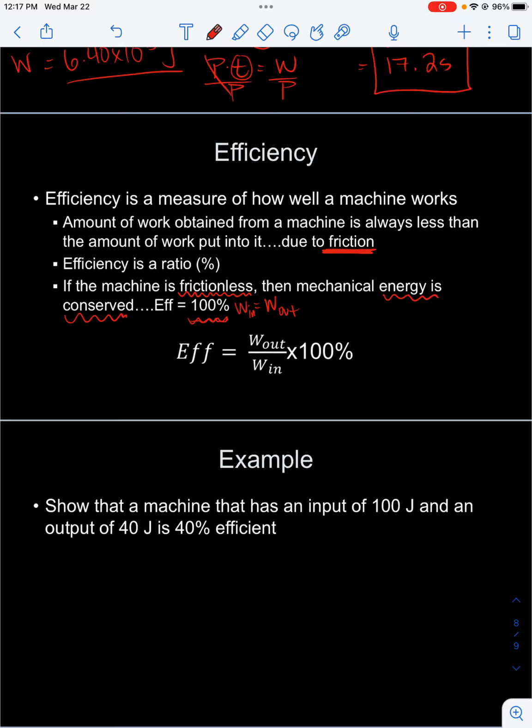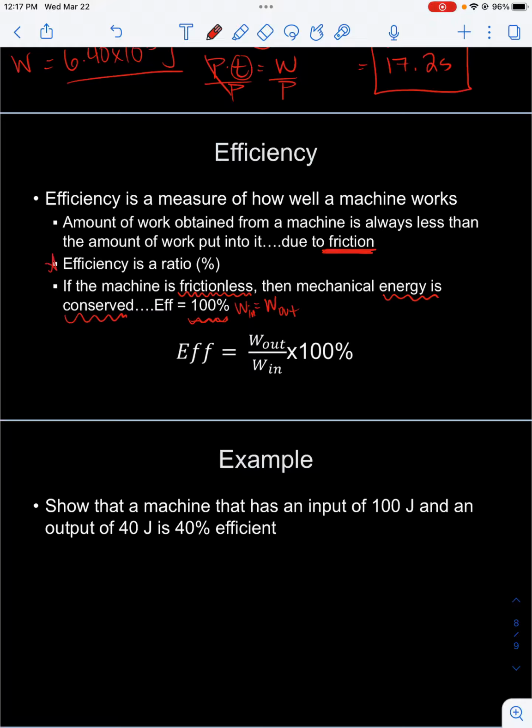Because we have friction, we are going to lose some of that energy, some of that work that has been put in, because it's going to give it off as thermal energy, heat energy, sound energy, all of that good stuff. So we will never in real life have a 100% efficient machine.